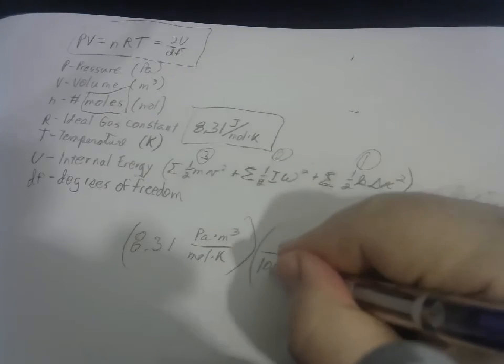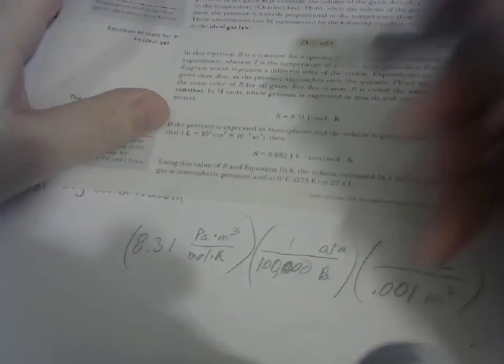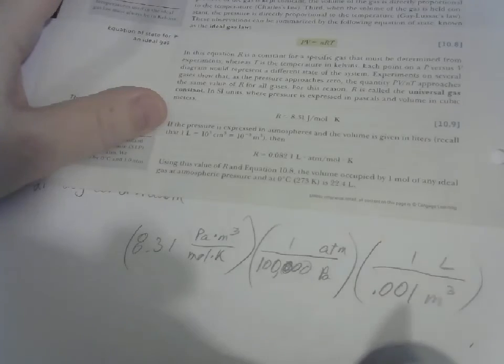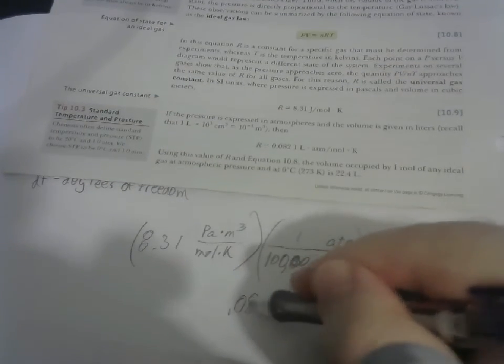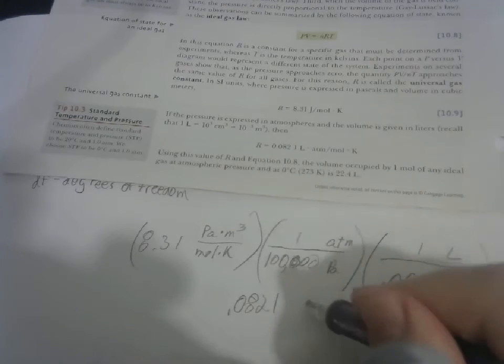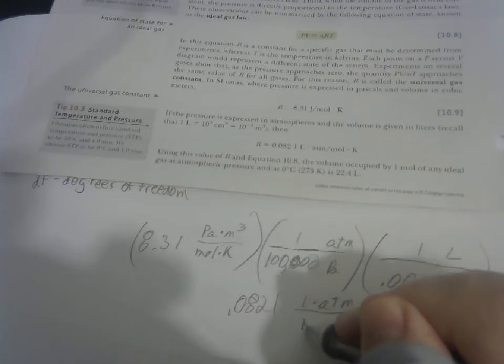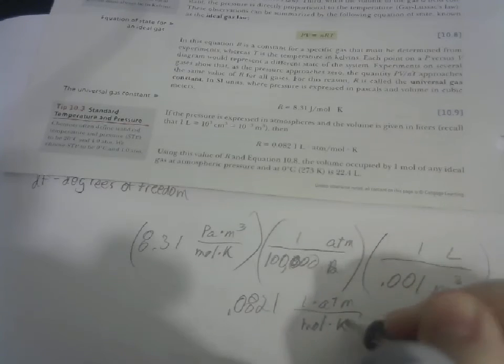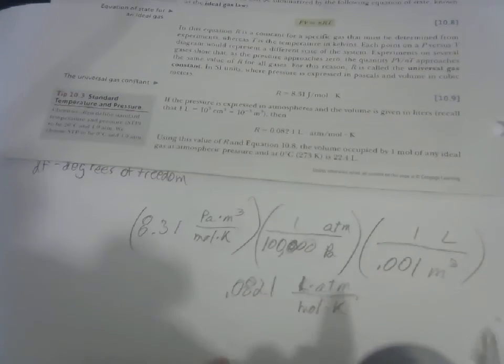We're going to use just straight 100,000. And when we do that, we get the value that they have here. R equals 0.0821 liter atmospheres per mole Kelvin. So that is another value that they use.